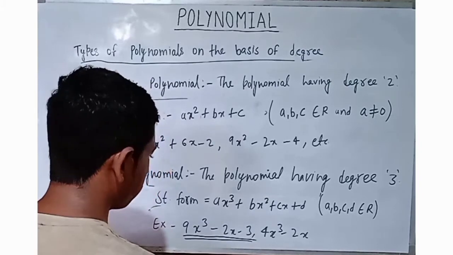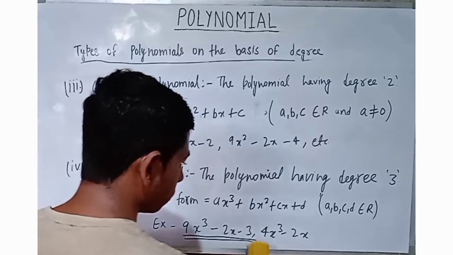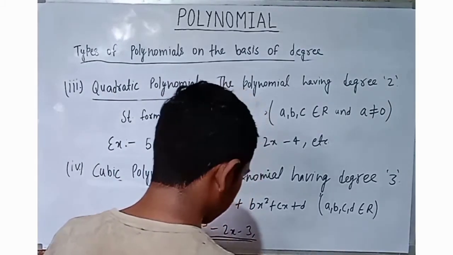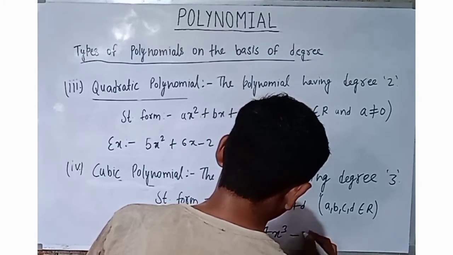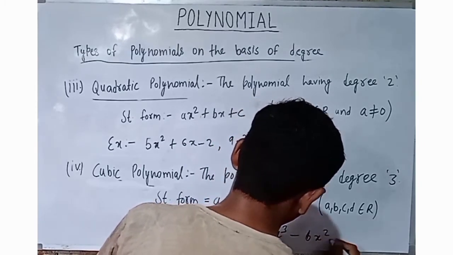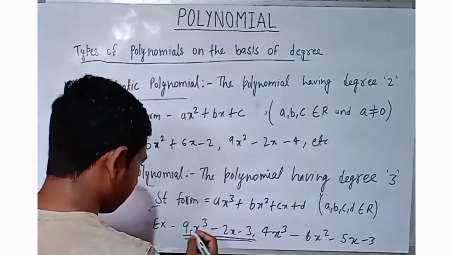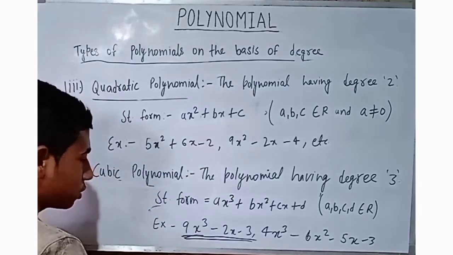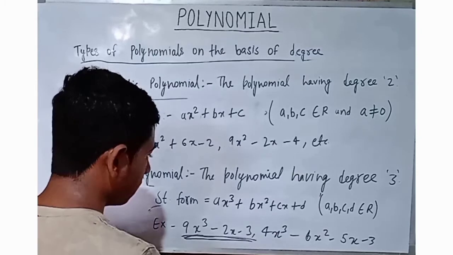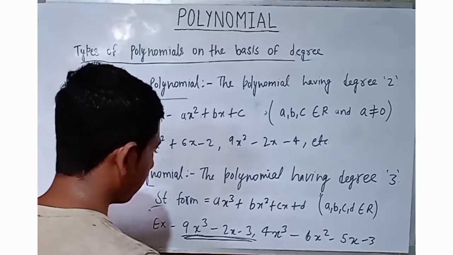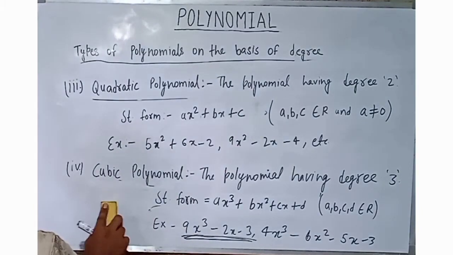We don't need to write the degree 2. Question can be different. So see, 4x cube minus 6x square minus 5x minus 3. If degree is 3, then it will be a cubic polynomial, there is no doubt. We don't need to write it. If the question is this, you have to solve it. So this is the cubic polynomial.